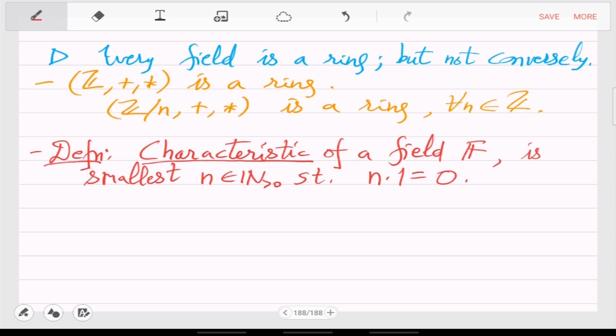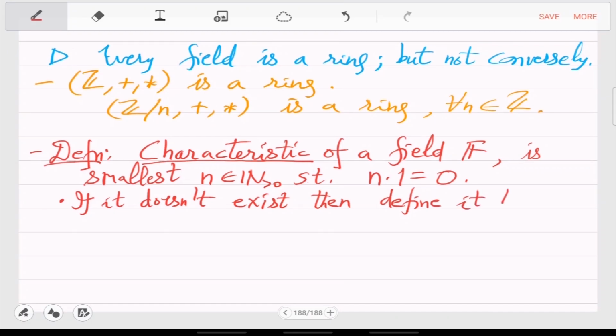If it doesn't exist, we call it 0. Because 0 times 1 is 0. So if it doesn't exist, then define it to be 0. Okay, so characteristic is this.